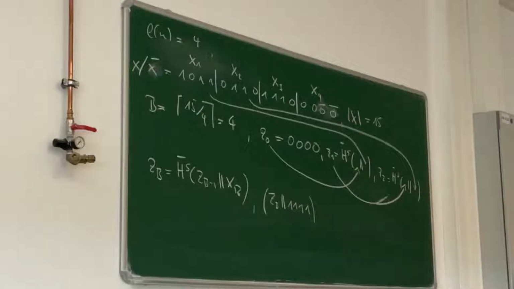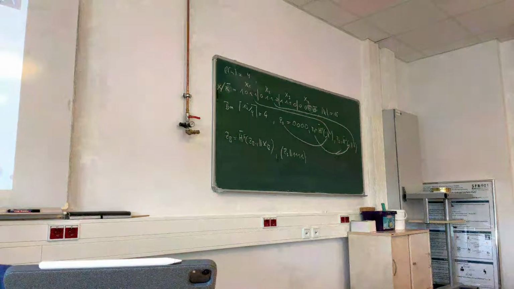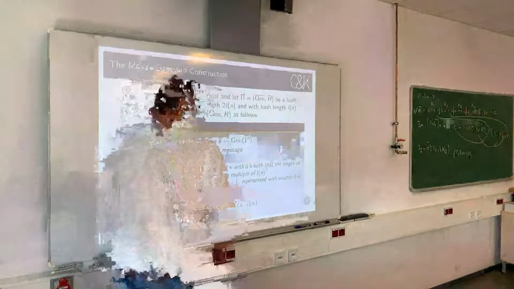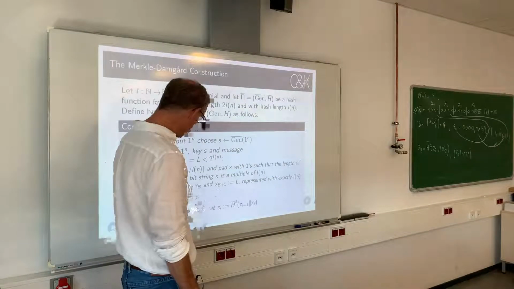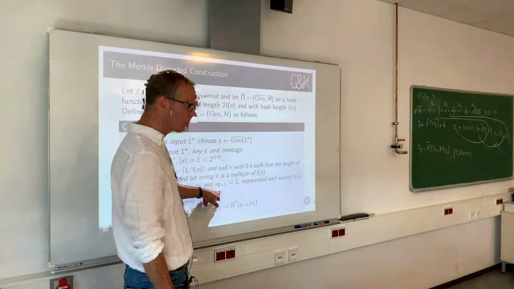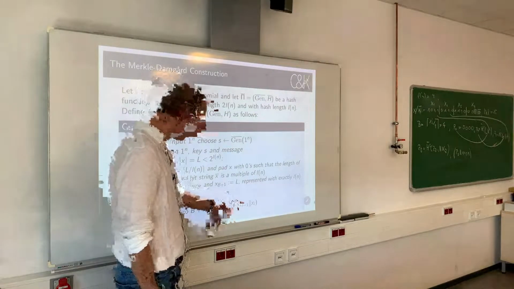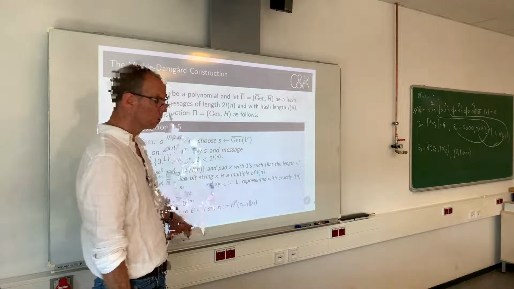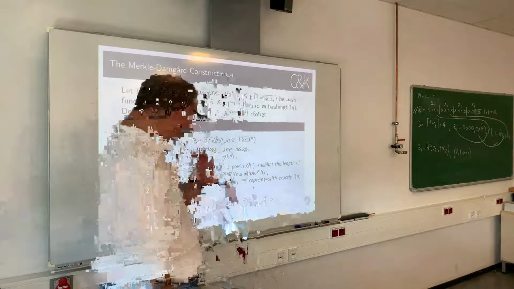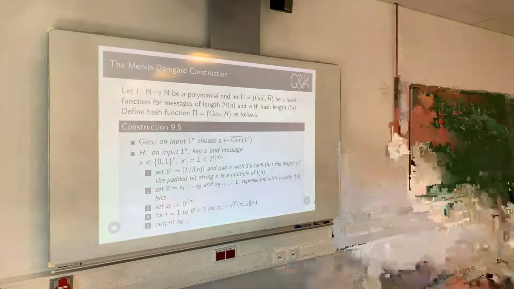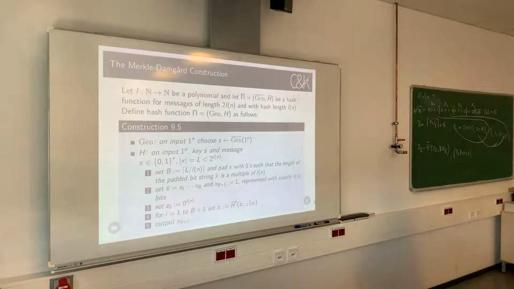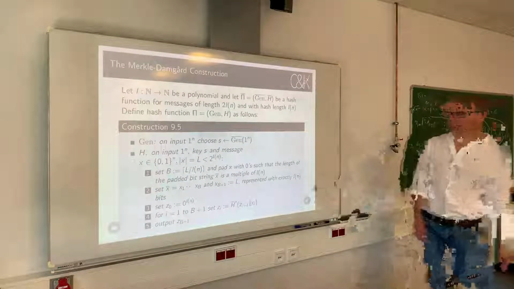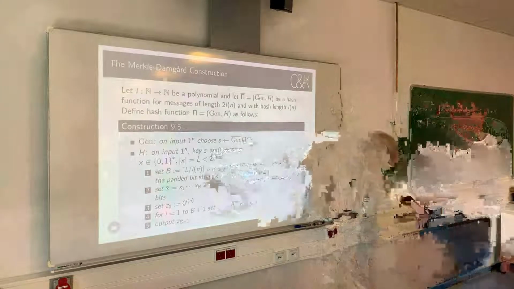Then I pick z_0 as before. And now I do the same trick as before with the z_i's, except that I now have also a B plus first block. I just run this to the very end of B plus first, and the last thing is just z_{B+1}. So it's basically the same thing as before, except that I restrict myself to messages of really long but upper bounded length.